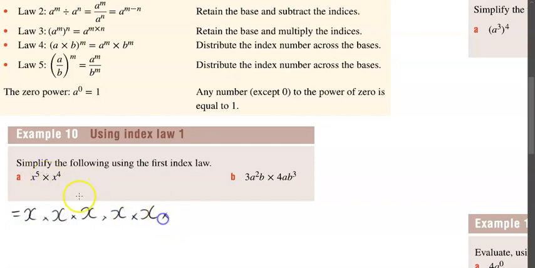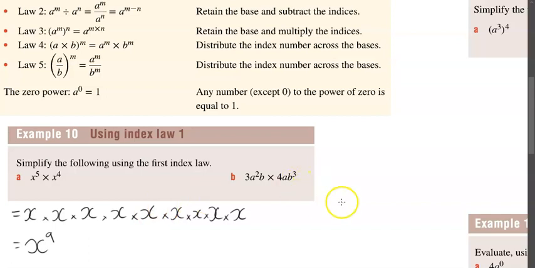And this is being multiplied by 4 lots of them, x times x times x times x. And you can count out 1, 2, 3, 4, 5, 6, 7, 8, 9. This is x to the power of 9. But we don't need to write this out in the expanded format. Because we know the powers of both of them, we can just add those powers together, as 5 plus 4 is equal to 9.